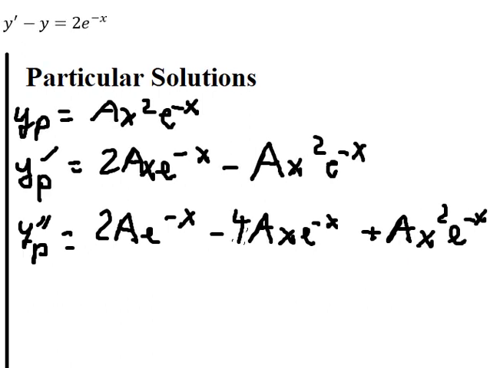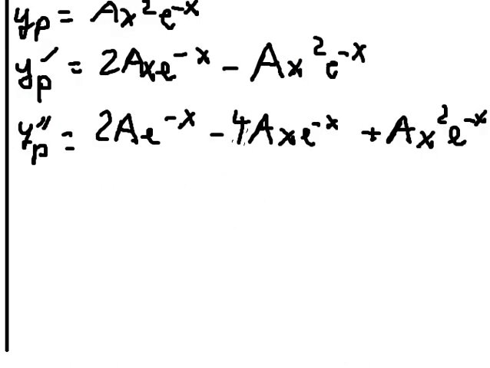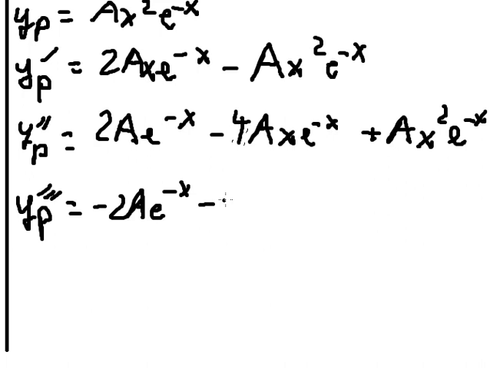Now we need to do the third derivative of this one. So we have negative 2a e to the power of negative s. This one we have negative 4a e to the power of negative s.